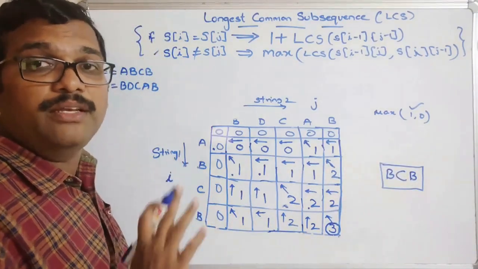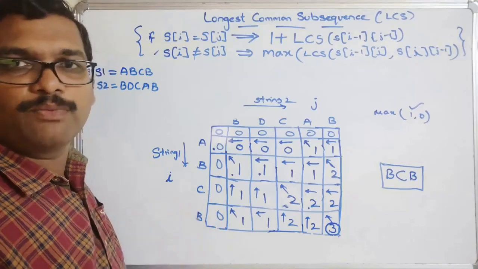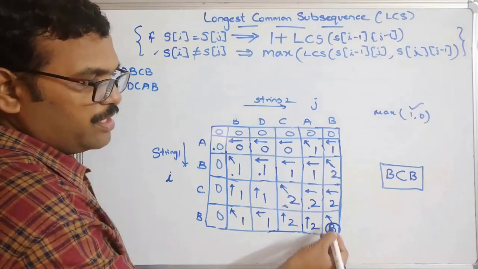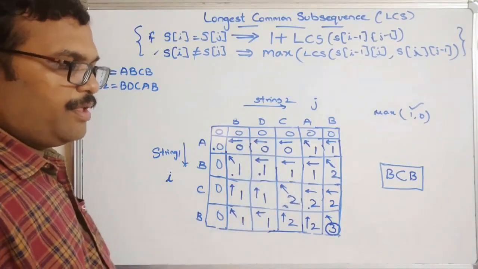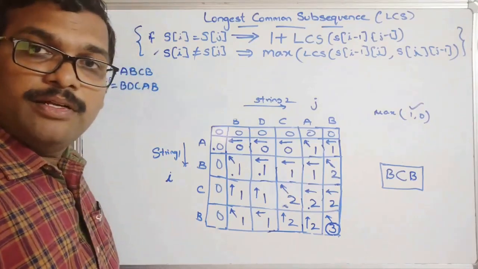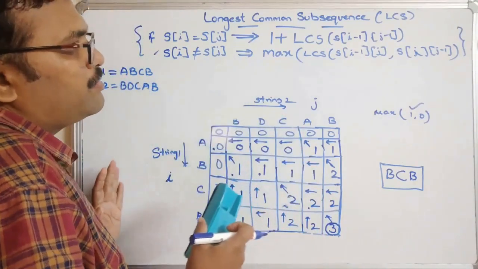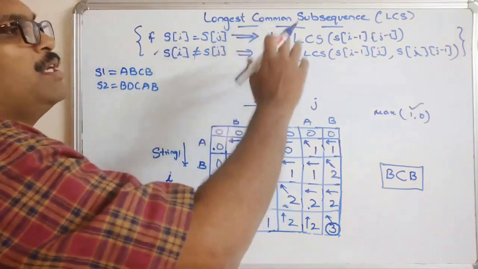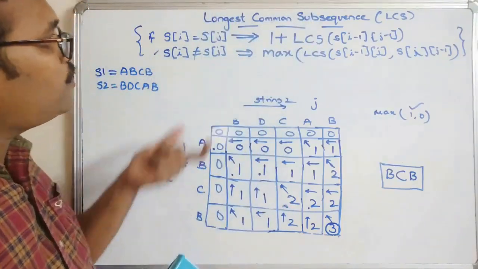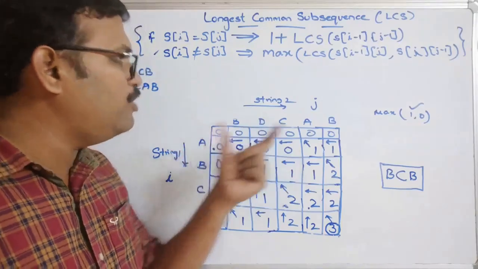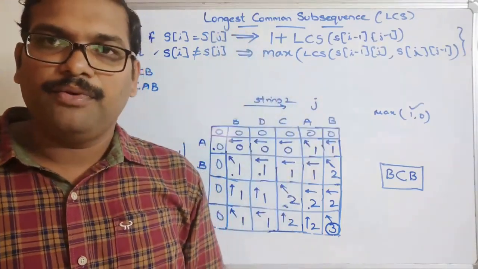Just now we have seen the longest common subsequence, just following the same way. So in this way we can solve the longest common subsequence. We just have to iterate both the i value and j value.